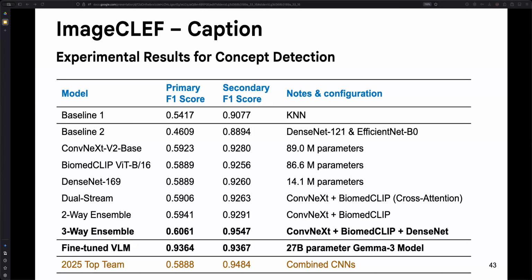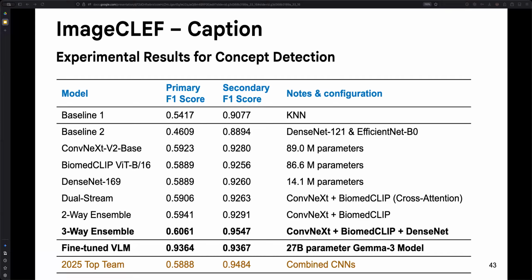For the dual stream, we got 0.59, which is between the ConvNeXt and BiomedCLIP. Then the two-way ensemble is higher than the dual stream, at 0.5941.